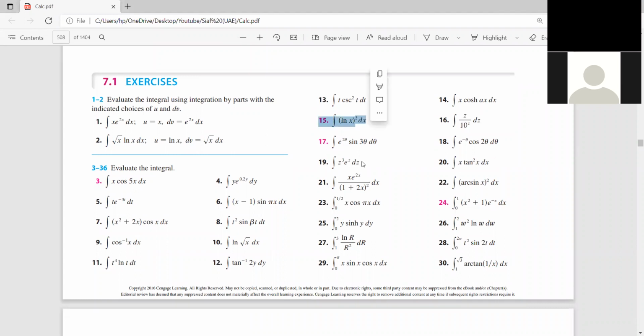So the question number 15, let's try this one, and then we will be trying the question number 21.